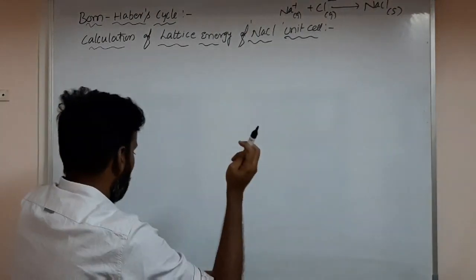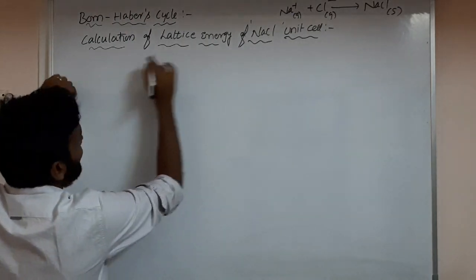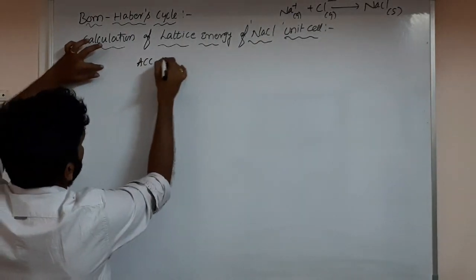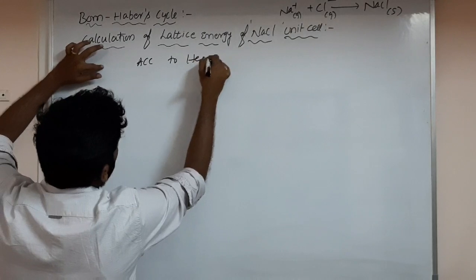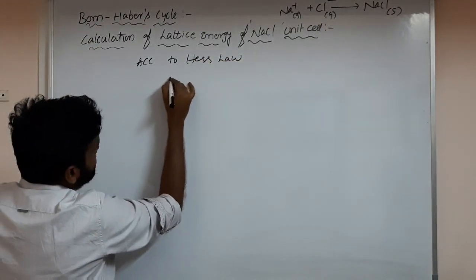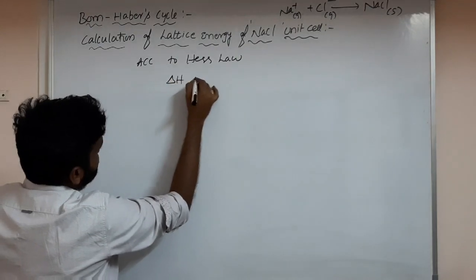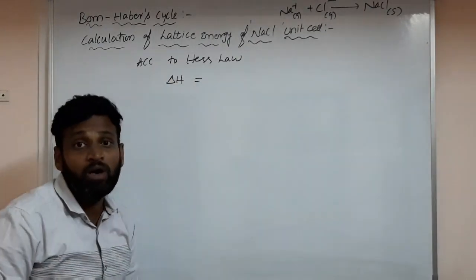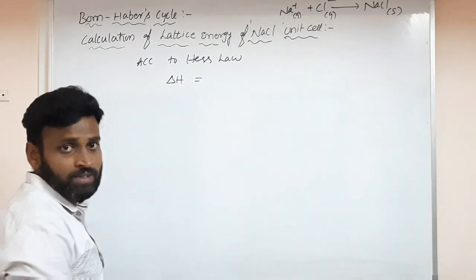Now what we have to consider to calculate lattice energy: according to Hess law of heat summation, the single step energy is equal to the sum of the energies of multiple steps.